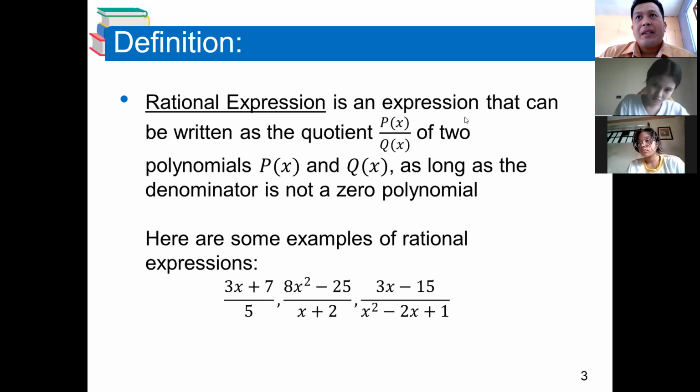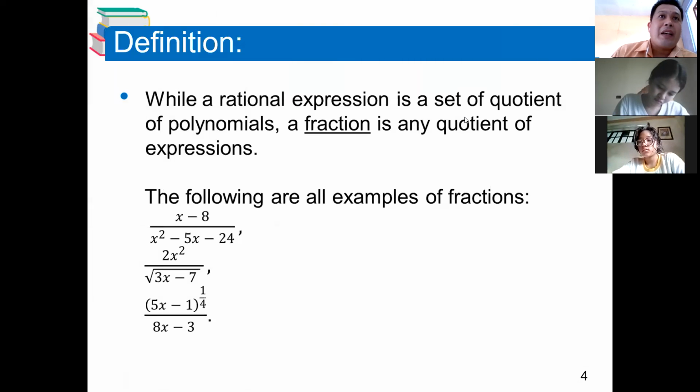Again, I have to make it a clear fact to everyone that not all fractions are rational expressions. While rational expressions are a fraction of two polynomials, there are several other fractions that can't be called rational expressions.